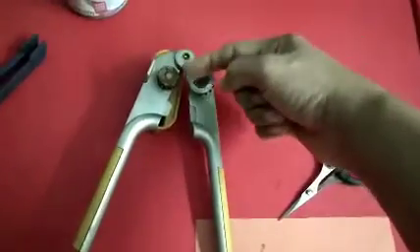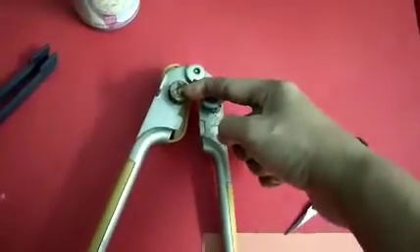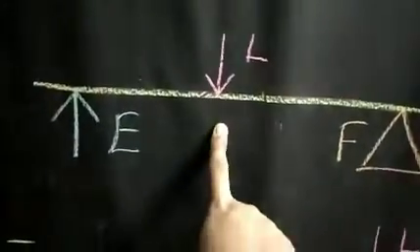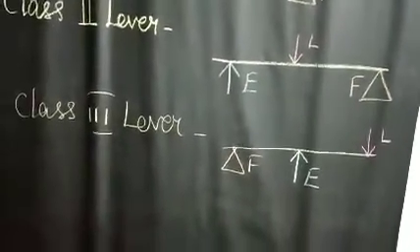Load is in the middle. So whatever comes in the middle, that is load. If the load comes in the middle, it is called as class 2 lever. So here again you can see load is in the middle, effort and fulcrum are on either side of the load.